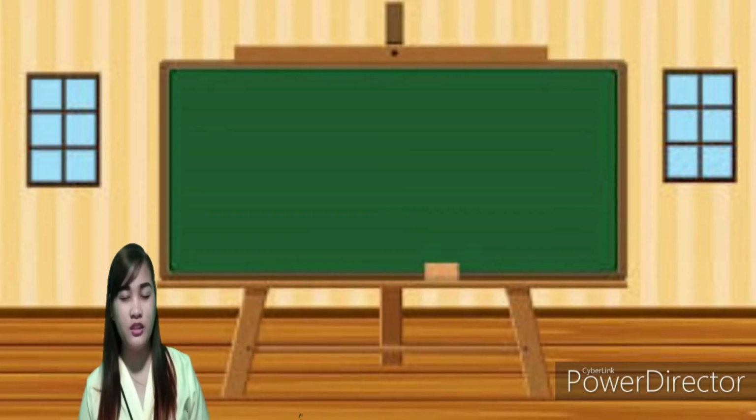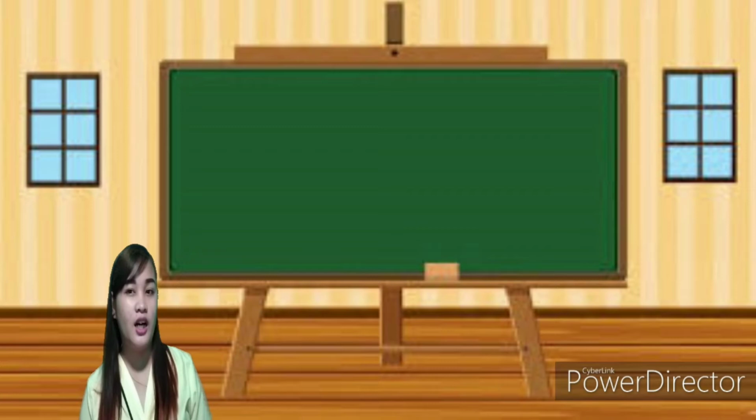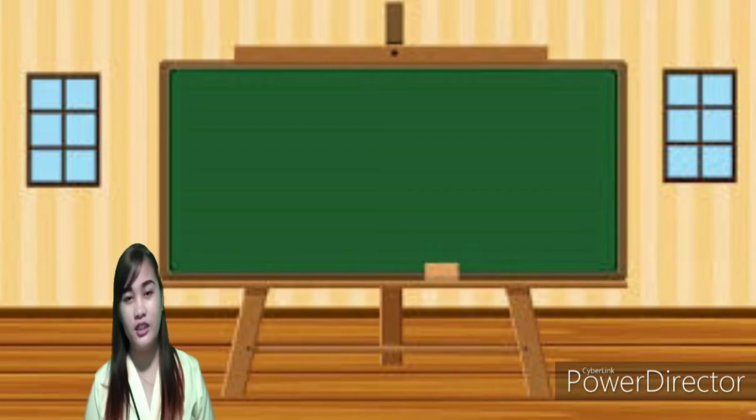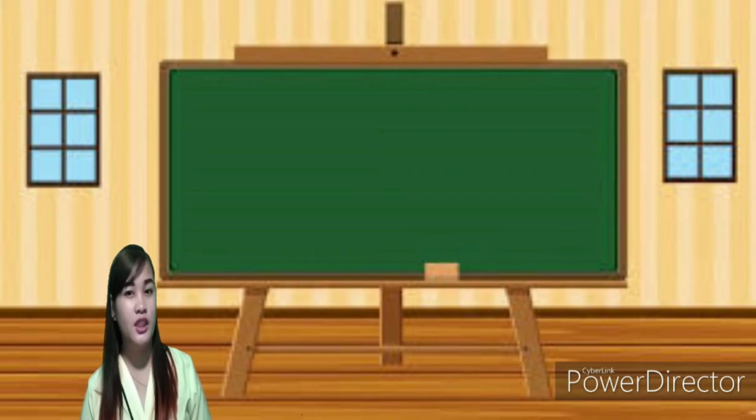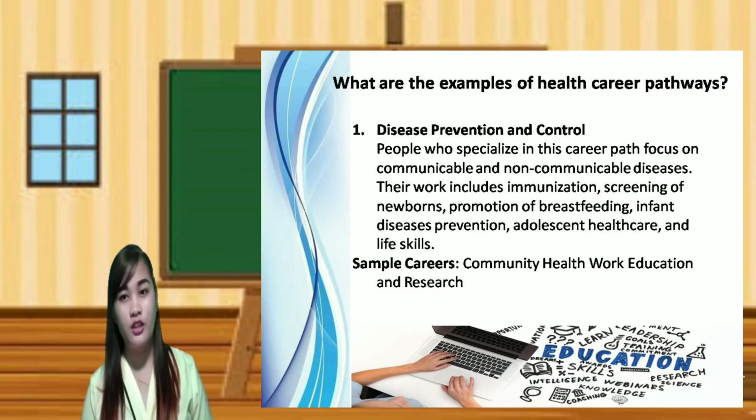After watching the video about the health career pathways, you now have an idea about the lesson for today. So, let's identify the different health career pathways. Start with number 1, disease prevention and control.